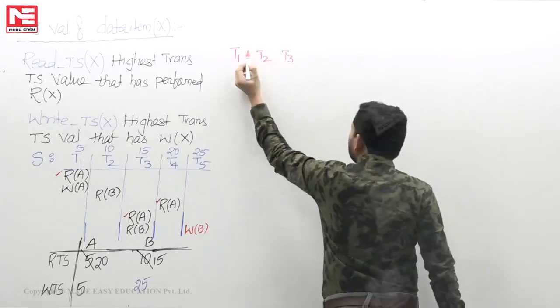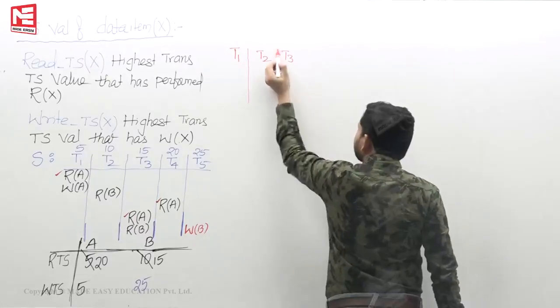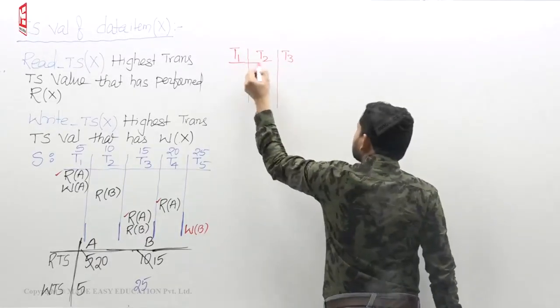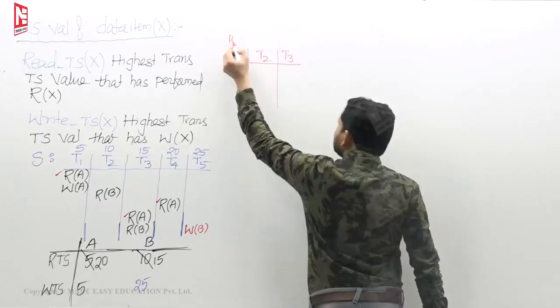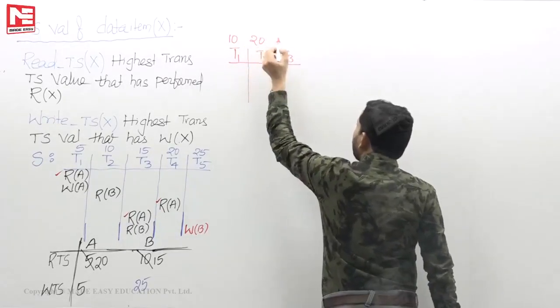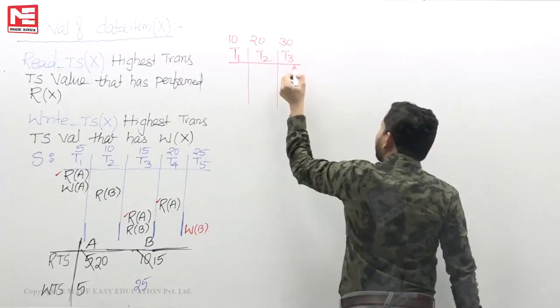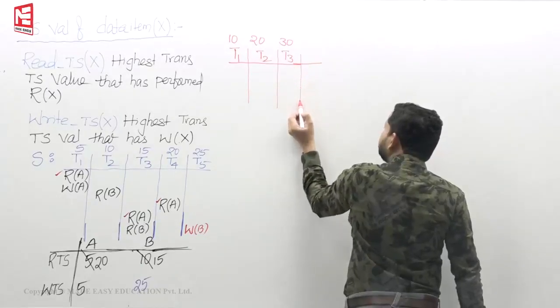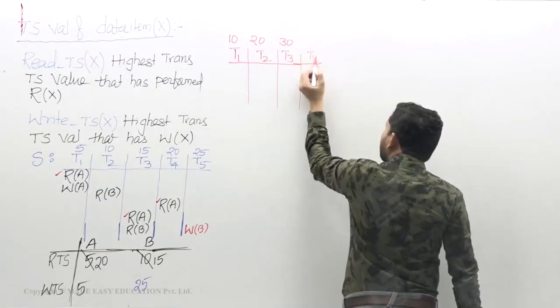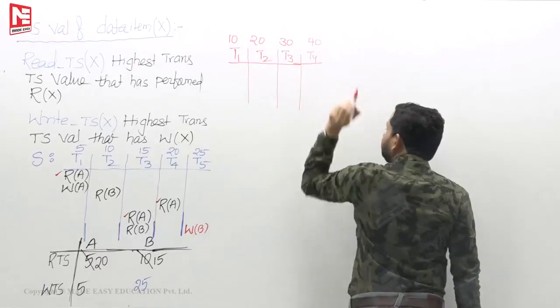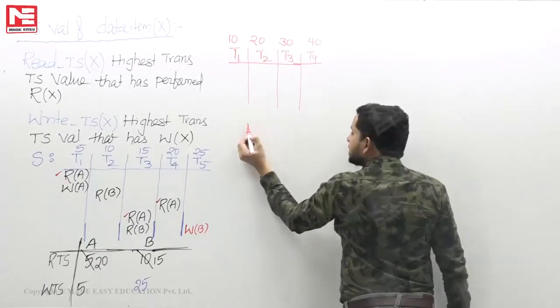So for example, these are the timestamp values of transactions T1, T2, T3 and T4. Okay, timestamp value is 40. Let us take a single data item.